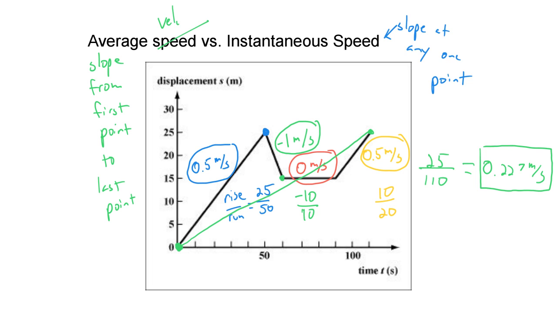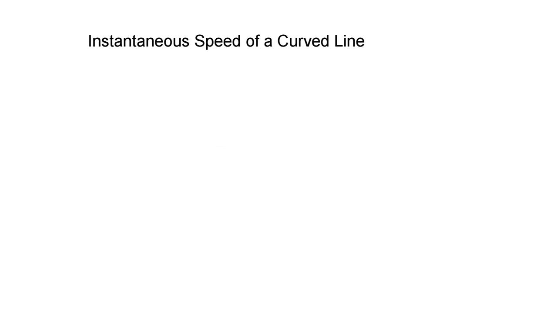Let's change both these to velocity. If we were doing average speed, we would want to treat these negative speeds as positive and then average them, do a weighted average for each of their intervals, and let's not worry about that. The average velocity is 0.227 meters per second.